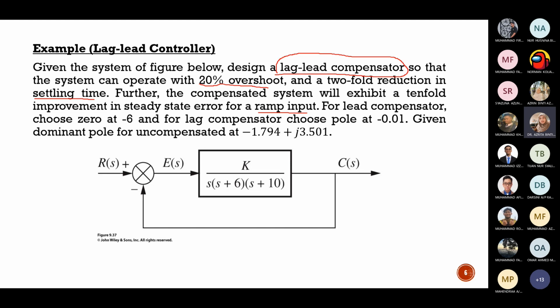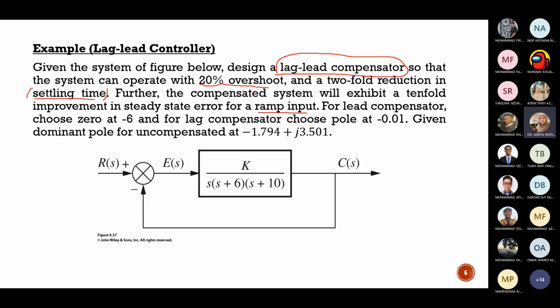If you remember, the lead compensator is used to improve the transient response. So the first sentence here is the objective to improve the transient response: 20% overshoot and a twofold reduction in settling time. This is our design objective for the lead compensator.